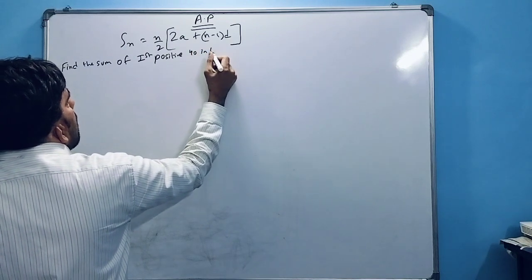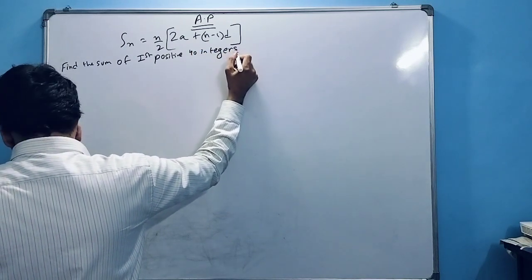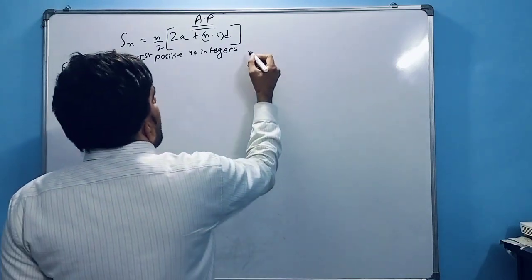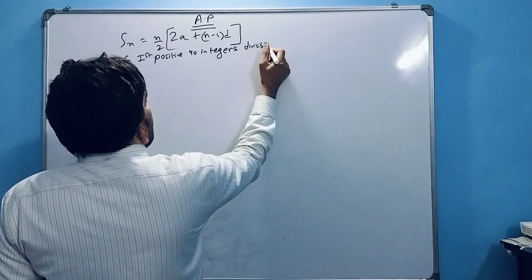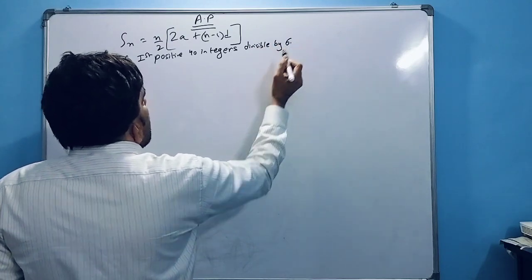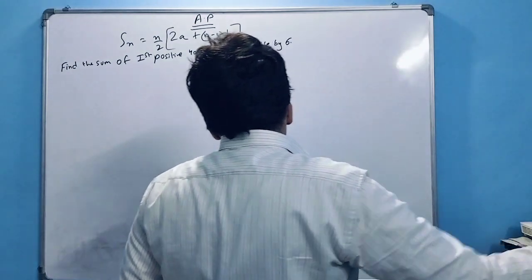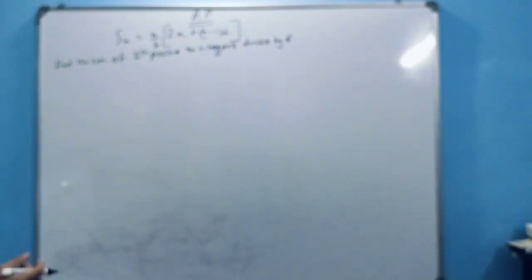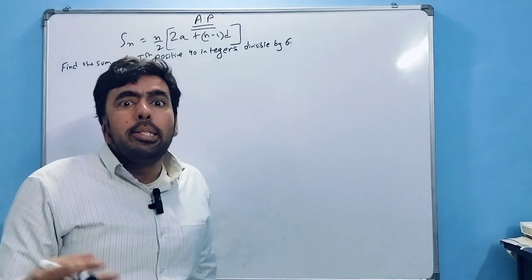Find the sum of first 40 positive integers divisible by 6. Okay. So now we have a great question. Find the sum of first 40 positive integers divisible by 6.